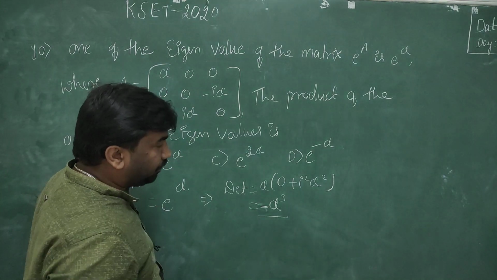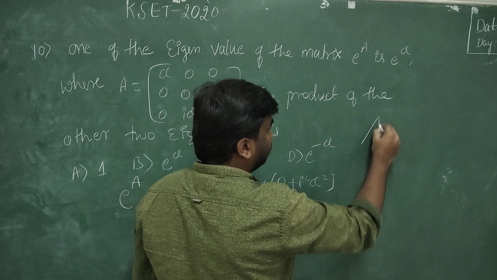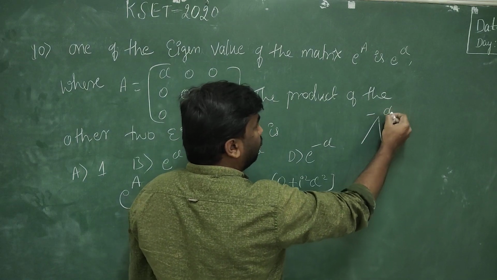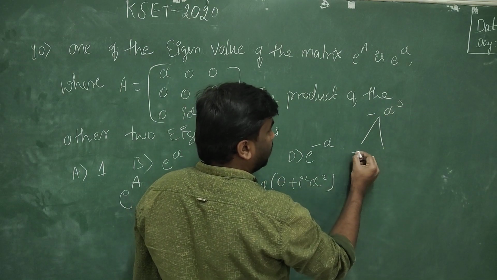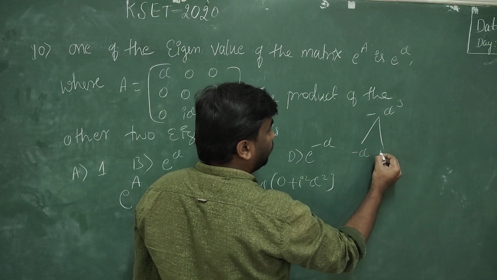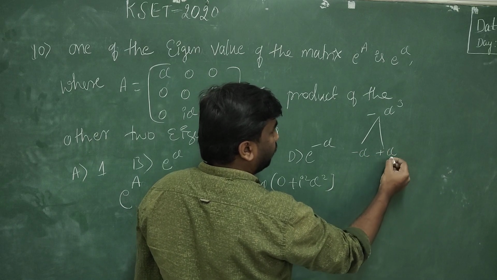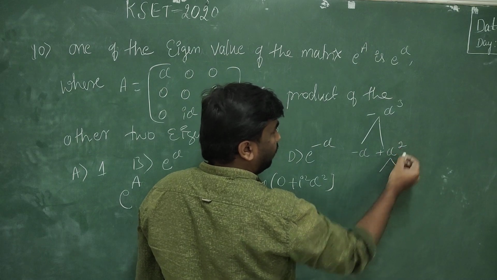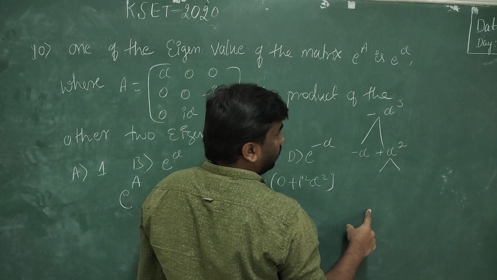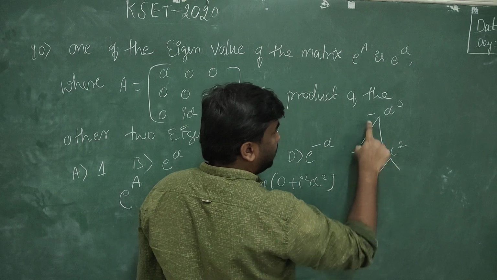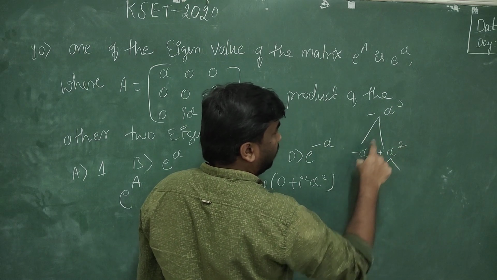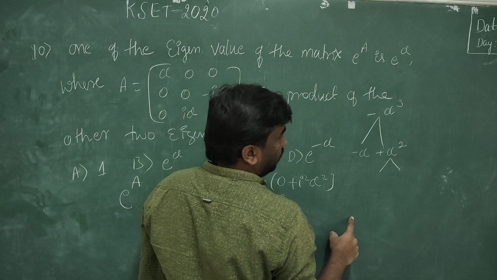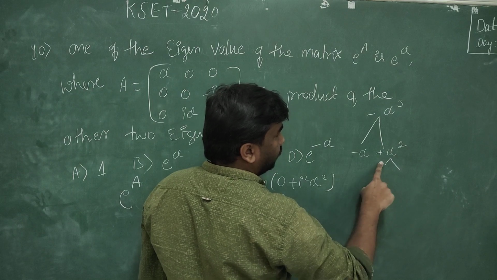So let us take minus alpha cube as the product of alpha, minus alpha, and plus alpha, because minus times plus gives minus alpha squared times alpha, which is minus alpha cube.